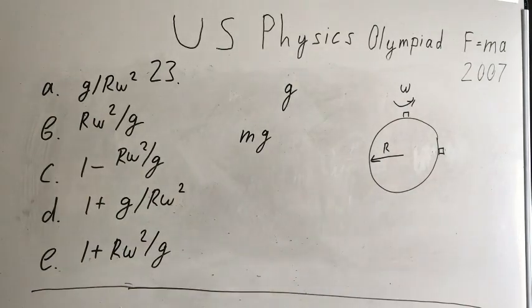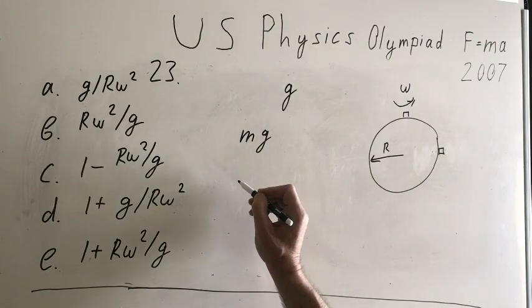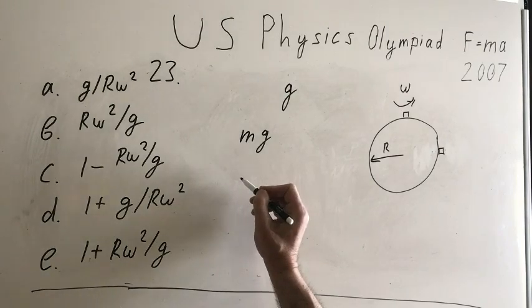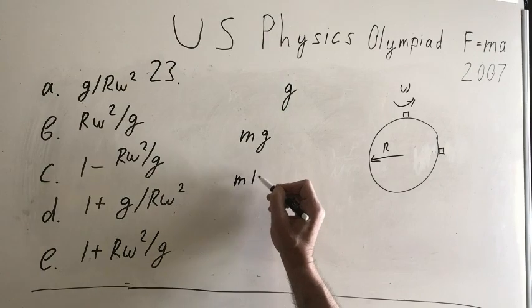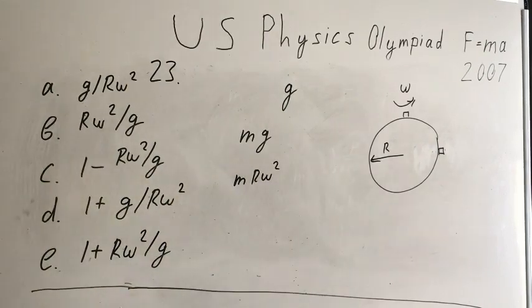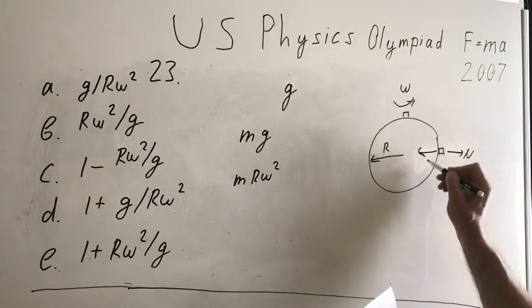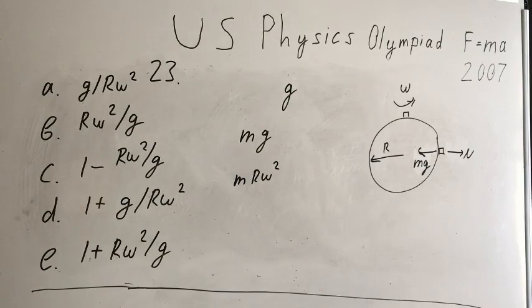On the equator, the person is going along a circular trajectory, and we know that in this case we have centripetal acceleration with a centripetal force equal to mr omega squared, and if we have normal force N and gravity force mg, we can say that this force is the result of N and mg.